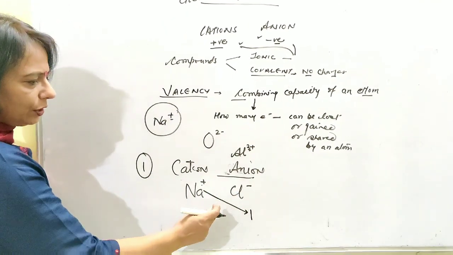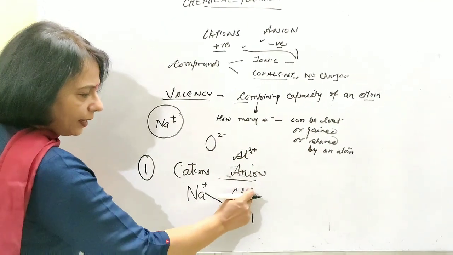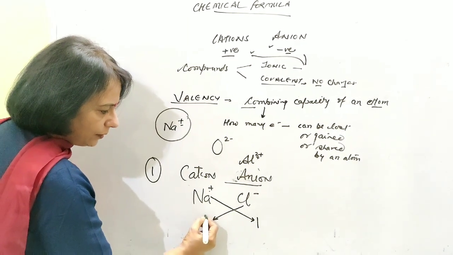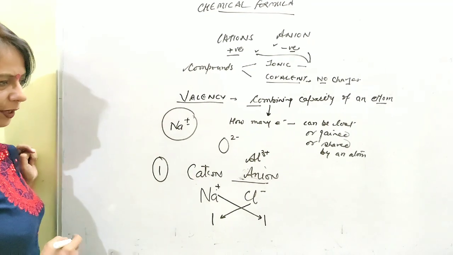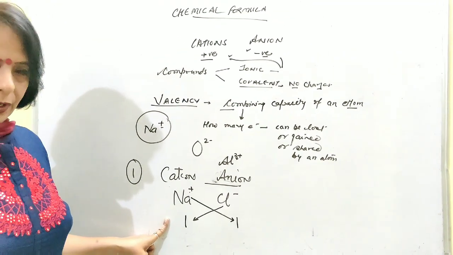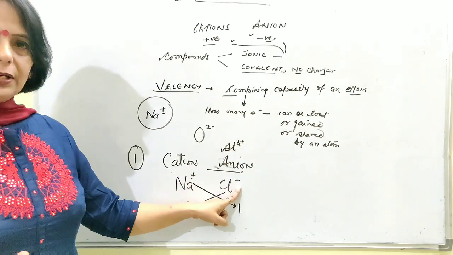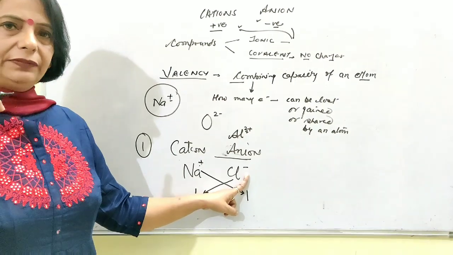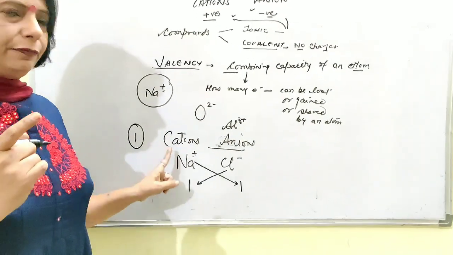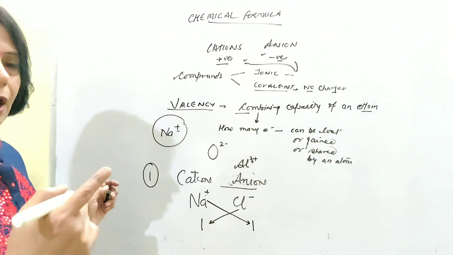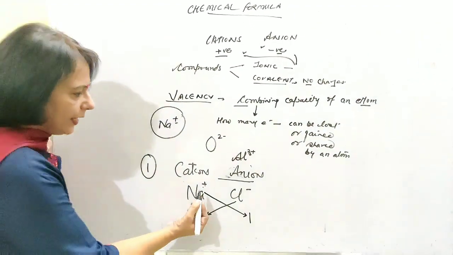Then the valency of the chloride ion, which is also 1, should shift to the left side. Because both the valencies are the same, the total positive and the total negative charges are equal. It should be kept in mind that the total positive and total negative charge while forming a formula should be equal. That I will tell you further, how it happens automatically.